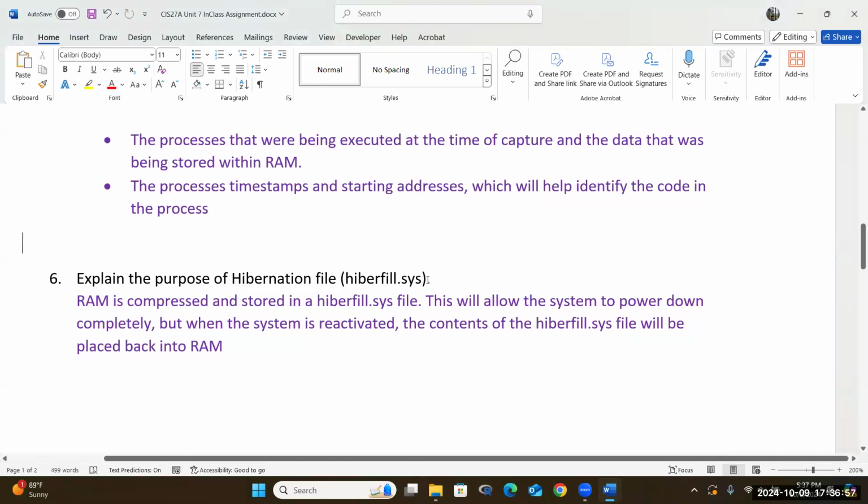And that file is called hiberfil.sys. This file contains the system content or information before it goes to sleep. So RAM is compressed and stored in this file.